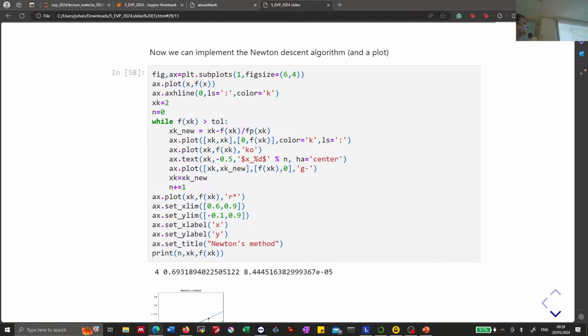Okay, so what do we have? We have here f of xk larger than the tolerance. So remember, f is a function that is being evaluated at a point, xk. And if you're very far away from the x-axis, that value is large.